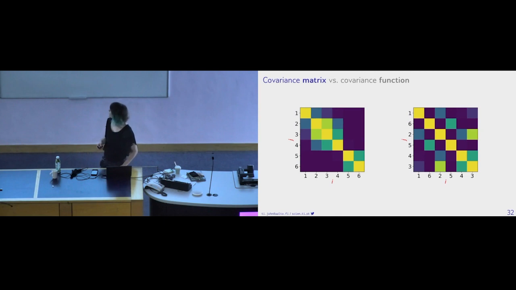But what we're going to do next is replace the indices i and j that go from 1 to 6, and instead call them x1 to x6. So these are the indices, and what we're modeling is the function values at those indices. Now, if we model functions, then we know where we measured those function values, so we can put those on the axis instead.